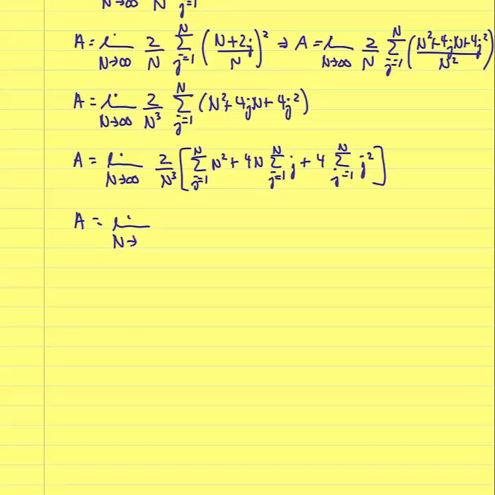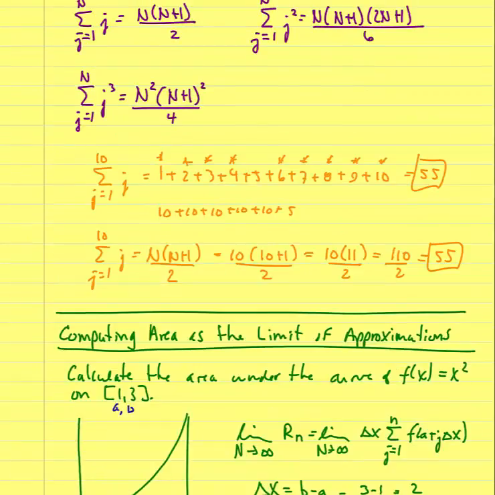Limit as n approaches infinity, 2 over n cubed, big bracket. So this says if I sum n squared n times, that would be n squared plus n squared plus n squared, n times. So this ends up actually being n to the third. Okay, so again, I'm taking n squared and I'm summing it n times, so n squared times n is n cubed. Now over here I have this 4n, and then I have the formula for the sum of the j's. Now remember, the formula for the sum of the j's is right up here.